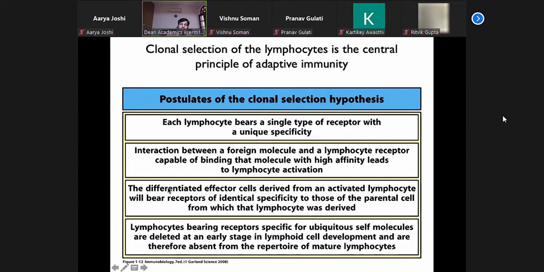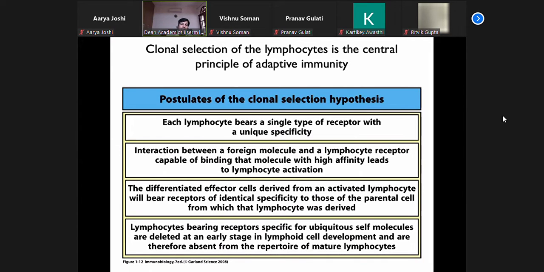Okay, the second postulate was that interaction between a foreign molecule, foreign organic molecule, and a lymphocyte receptor, again, the receptor we are talking about is the antigen receptor, the BCR in this case, or TCR on T cells, right? Interaction between this foreign molecule and the lymphocyte receptor capable of binding to it with high affinity leads to lymphocyte activation.